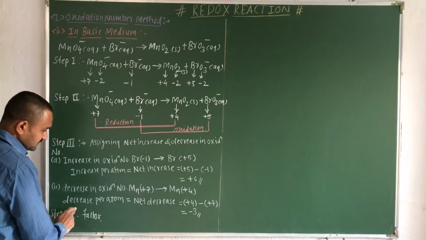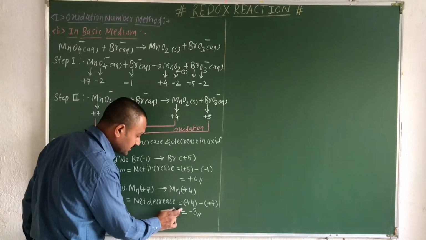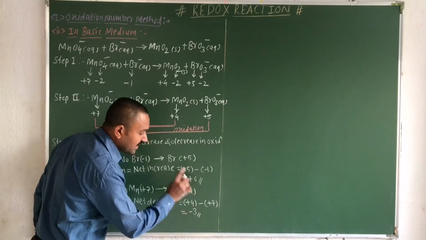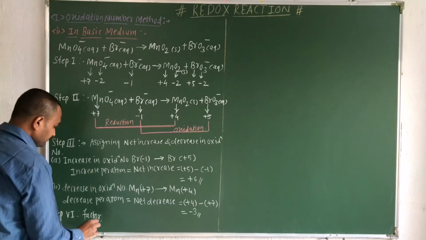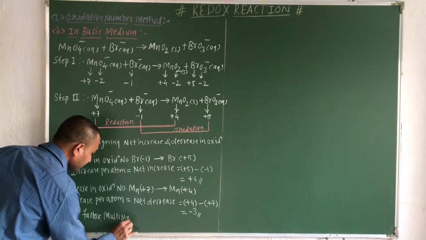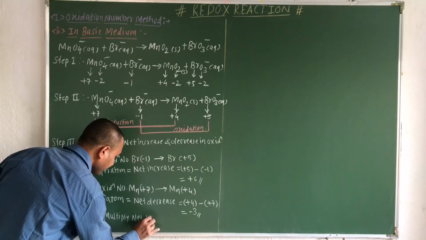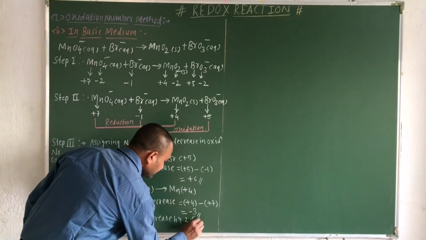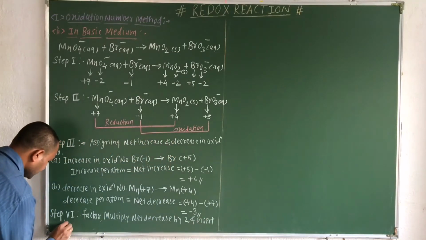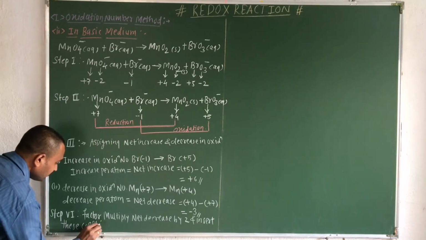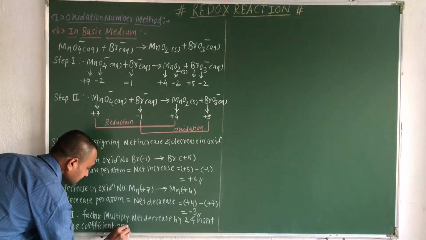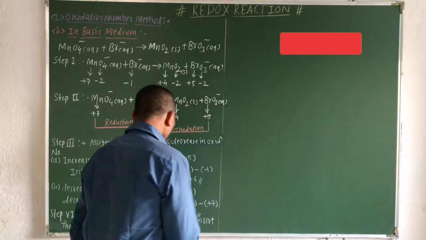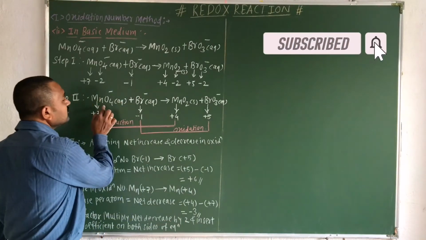If I multiply the net decrease by 2, the net increase will equal the net decrease: minus 3 times 2 is minus 6. So I multiply the net decrease by 2 and insert this coefficient on both sides of the equation. We insert the coefficient 2 on the left and right hand sides.